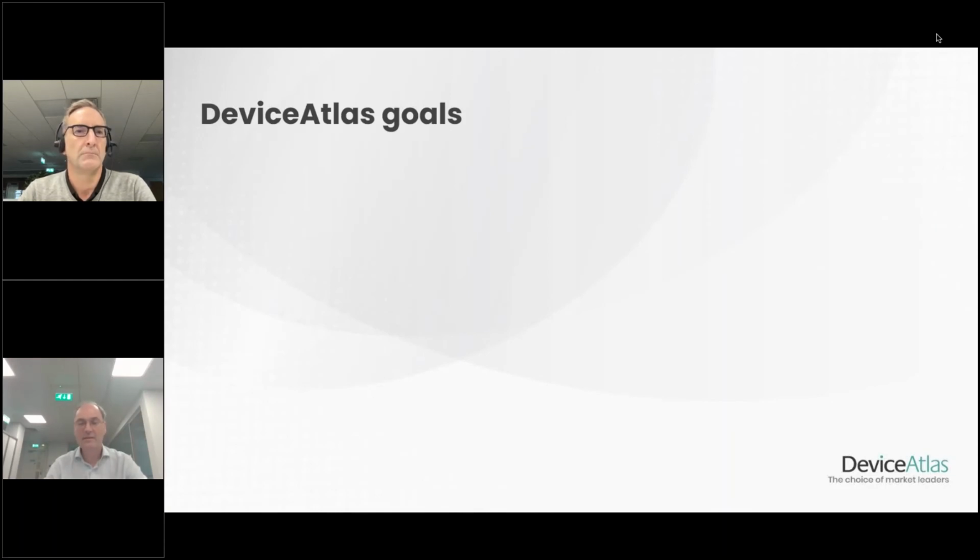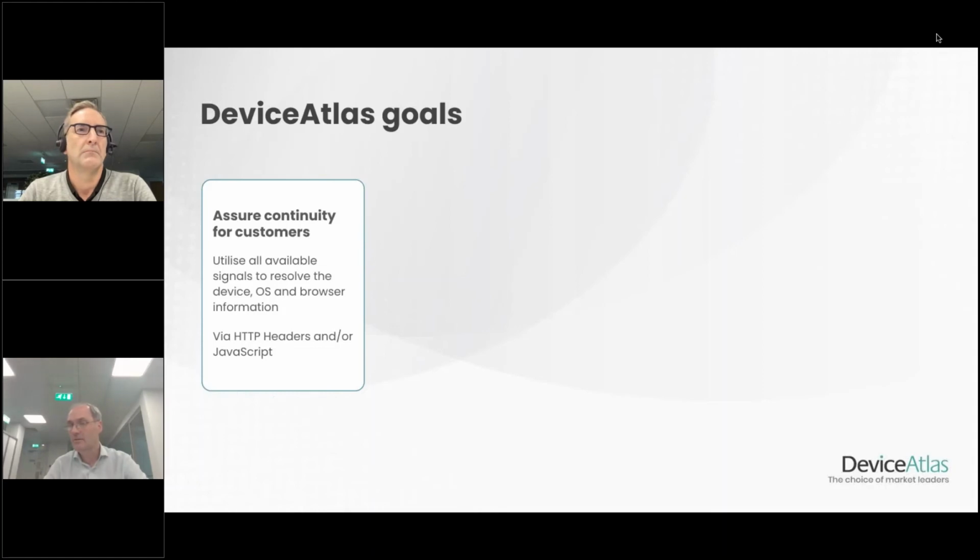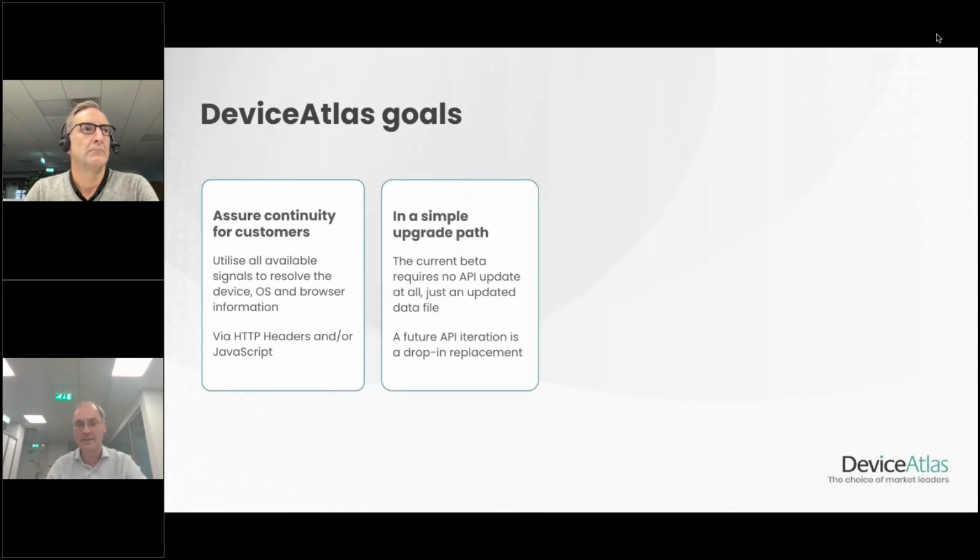So DeviceAtlas goals with the landscape change are the following. First of all, continuity. Our commitment to our customers is to look after the complexity, manage it, and just ensure the customer knows what they need to know, no matter what's happening on the web. So we absorb and manage the continued changes to the landscape, whether it's new devices, new browsers, new OSs, new headers, whatever the changes are, we absorb that and pass through the intelligence. Secondly, a simple upgrade path.